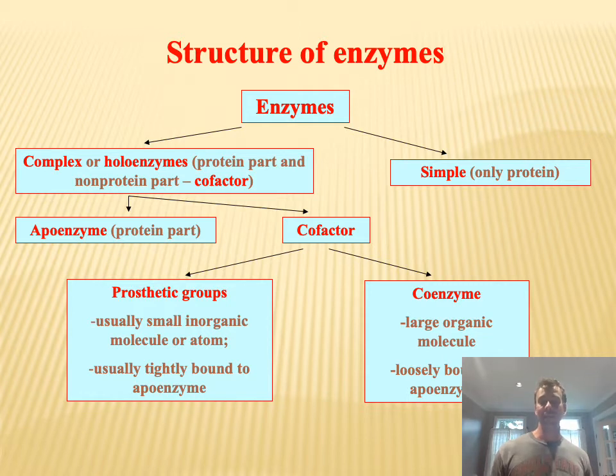And there's different types of cofactors. There's prosthetic groups. Usually these are small inorganic molecules or atoms, and they're usually tightly bound to the enzyme. Cofactors can also be coenzyme, which is a different class where these are larger organic molecules that are loosely bound to the enzyme.